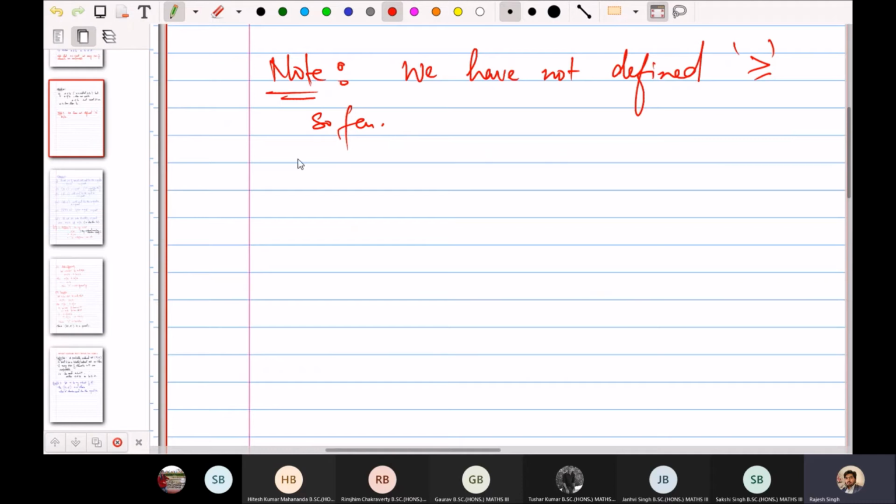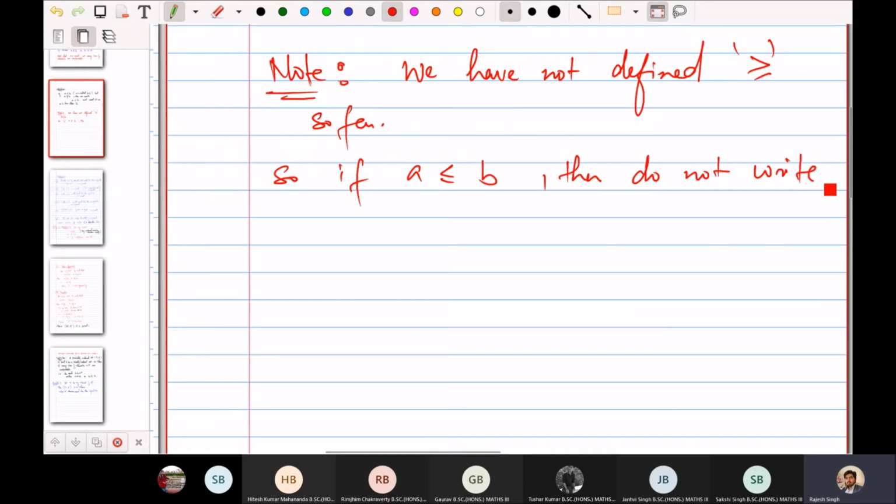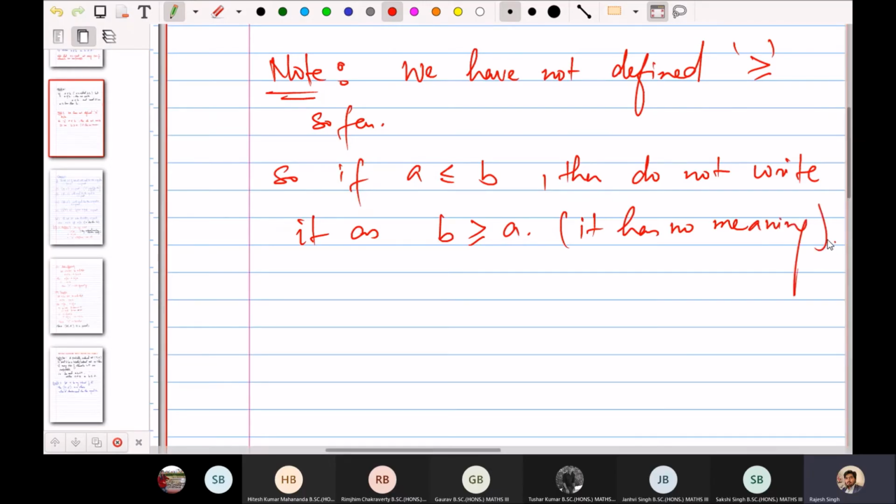So if A is related to B, then do not write it as B is greater than or equal to A, it has no meaning. ठीक है। Is it fine?